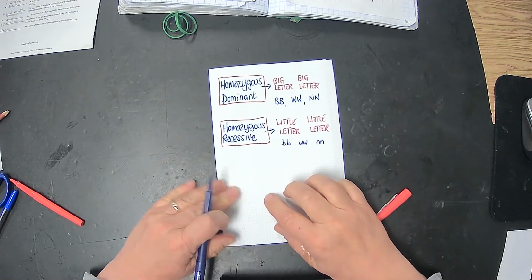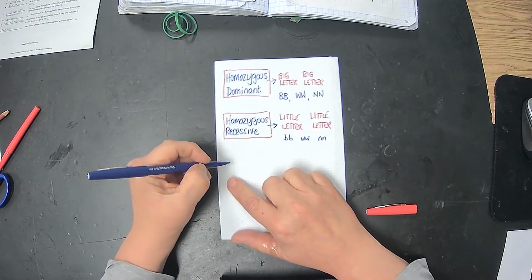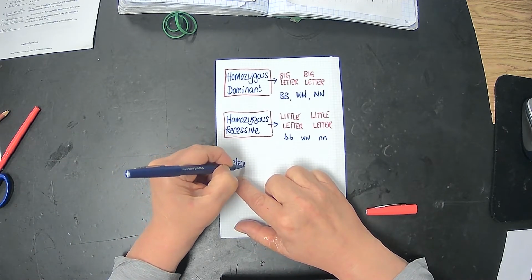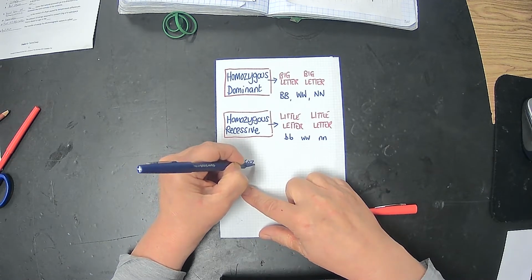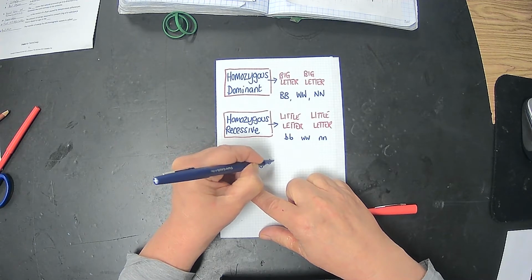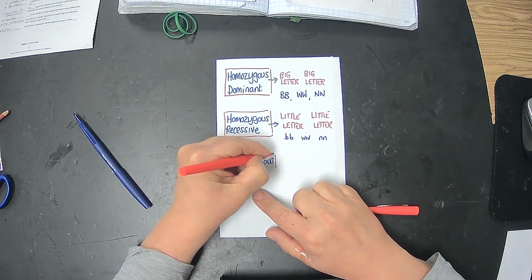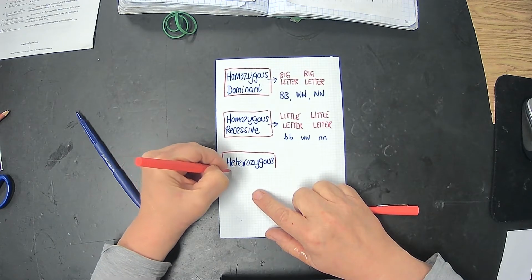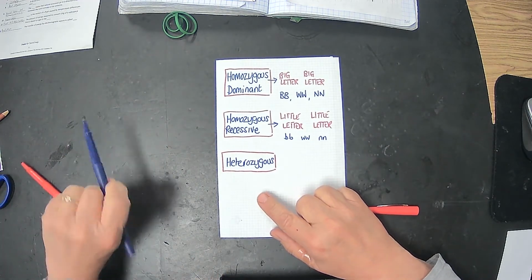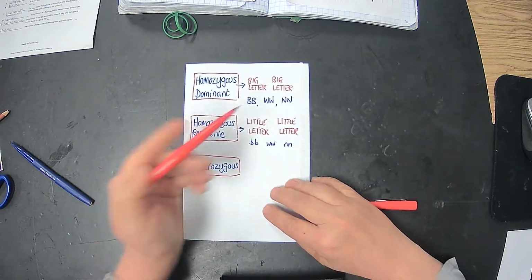Now, the other one that you need to know is, what if the parent has a heterozygous genotype? If you have a heterozygous genotype, hetero means different, you've inherited different alleles from each parent.